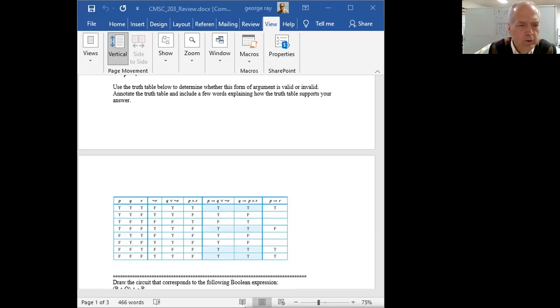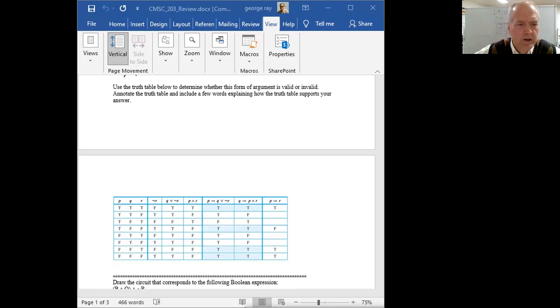So you'll notice in blue, each one of the premises was true. Remember, an argument is valid if the conclusion is true when each of the premises is also true. So we highlight the truth values that result in our two premises being true. In this case, there's 4 of them.